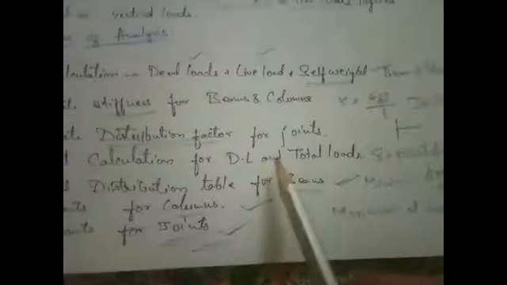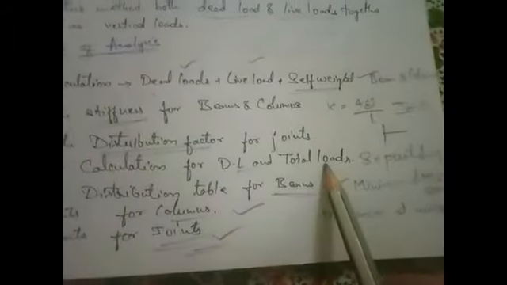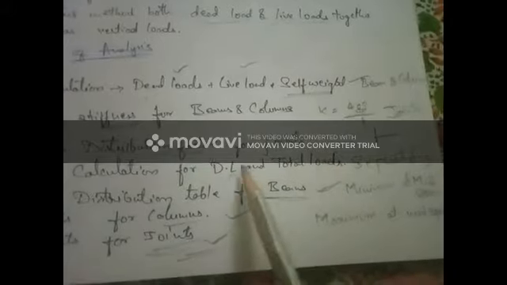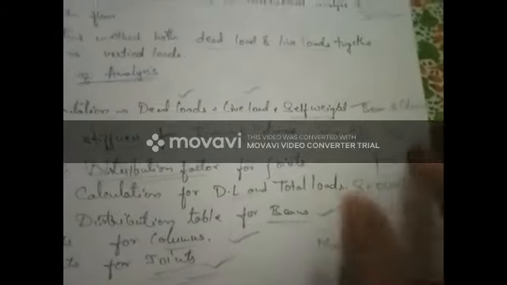For these midspans, we will consider the minimum value first. Here we are calculating dead load and live load separately, right? As you know, the total load consists of dead load plus live load plus self load. This will be the maximum load, and this will be the minimum load.